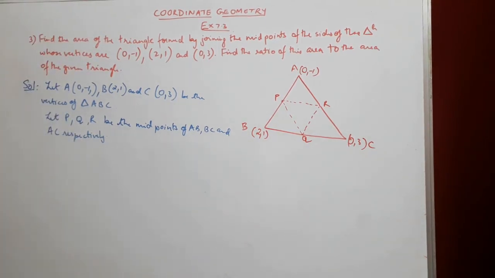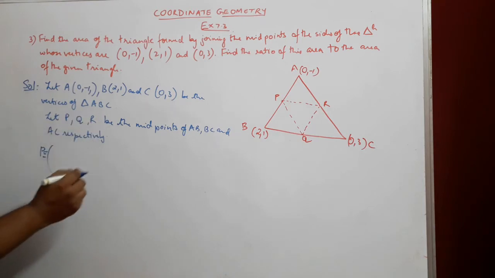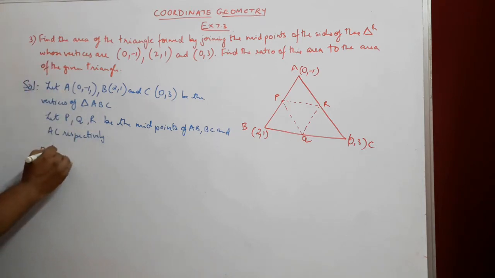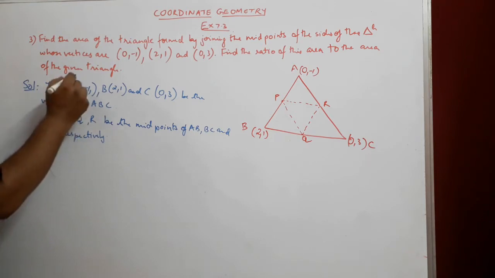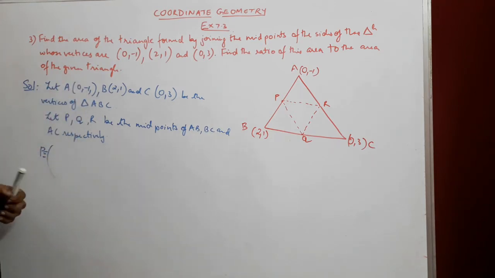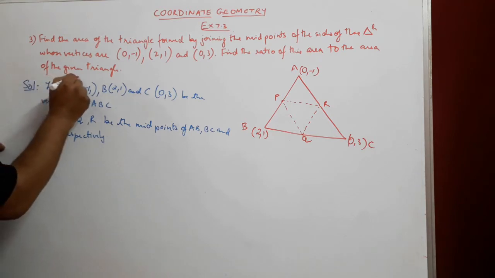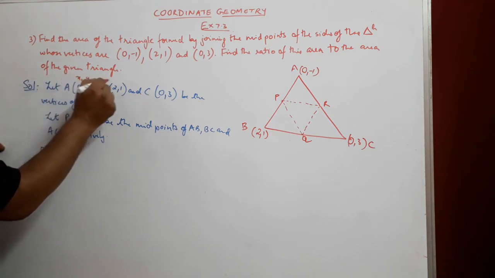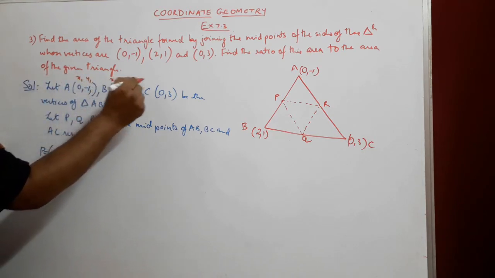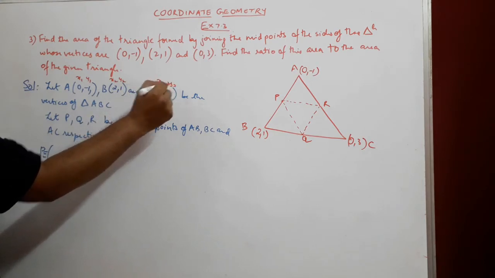Now we find out the coordinates of P. We'll mark the coordinates as x1, y1, x2, y2, x3 and y3.